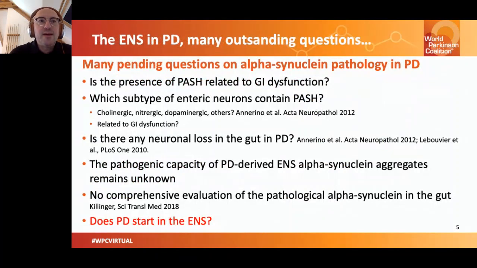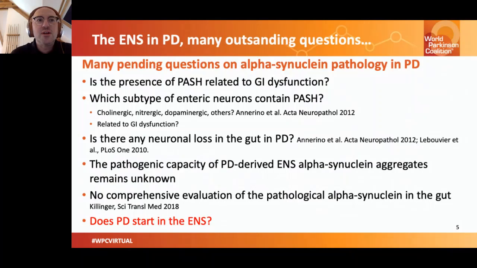That said, there are still many pending and unanswered questions about the ENS in PD. For example, we still don't know if PASH is present only in a phenotypically distinct subset of enteric neurons.